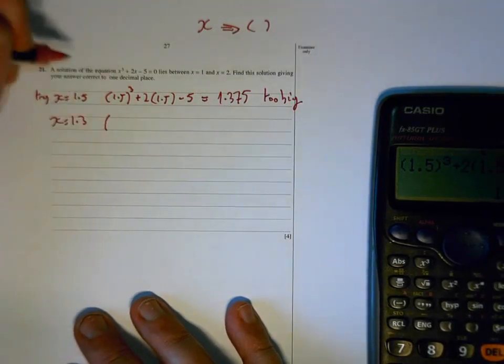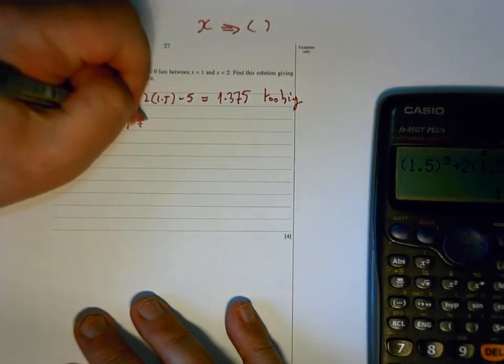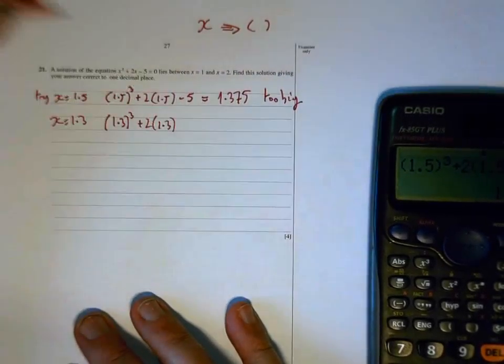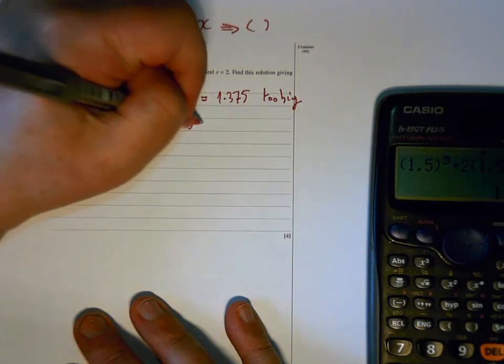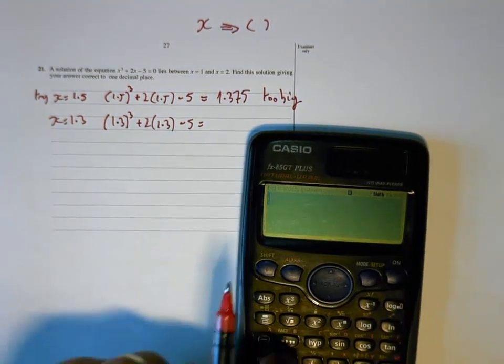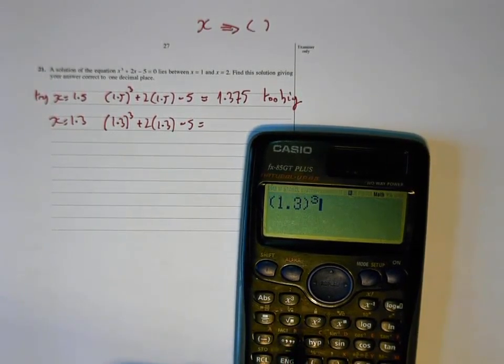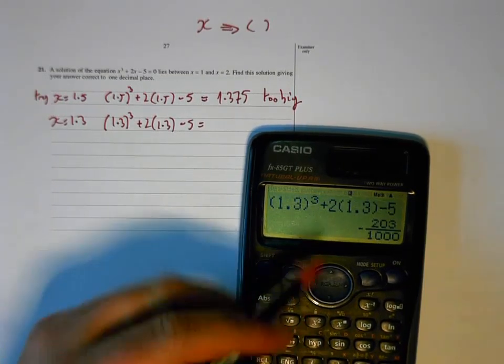Same thing again, explode my x, explode my x, take 5. On my calculator, bracket 1.3 cubed plus 2 bracket 1.3 take 5 equals, ooh, negative.